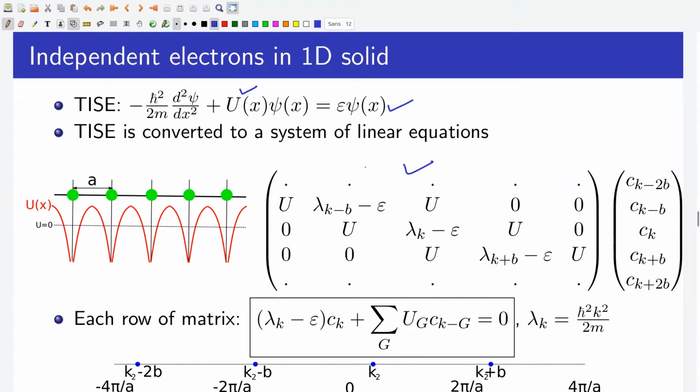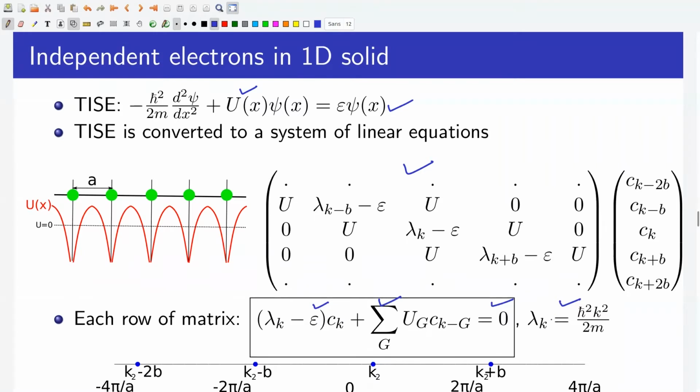Note that each row of the matrix can be expressed as (lambda_k minus epsilon) times c_k plus sum over G of U_G c_(k minus G) equals 0, where lambda_k equals h cross square k square divided by 2m, which is equal to the energy of a free electron with wave vector k.